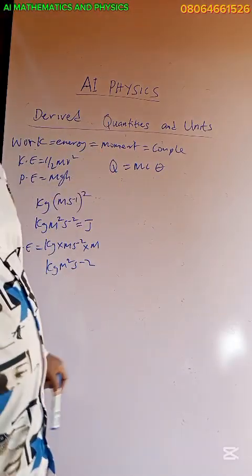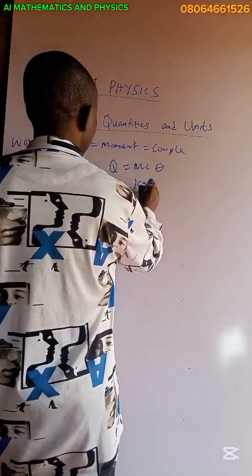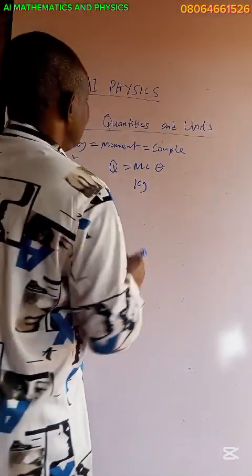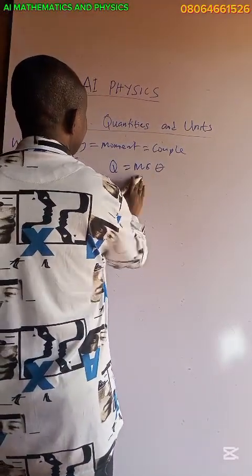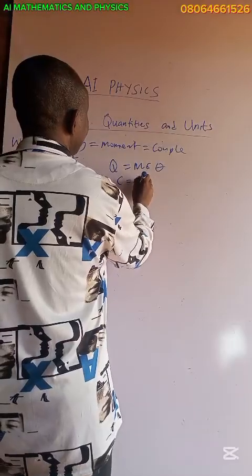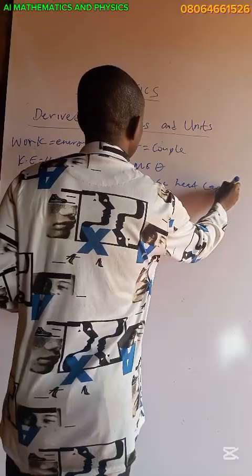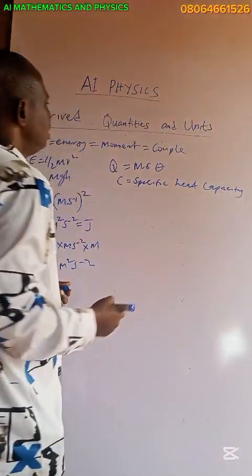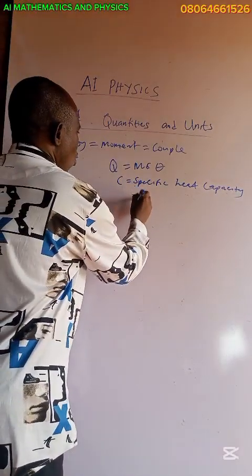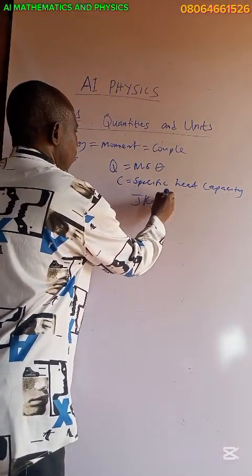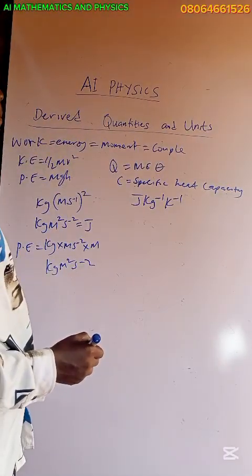And don't forget that mass is kilogram, and c means specific heat capacity, and the unit of this one is joule per kilogram per Kelvin.